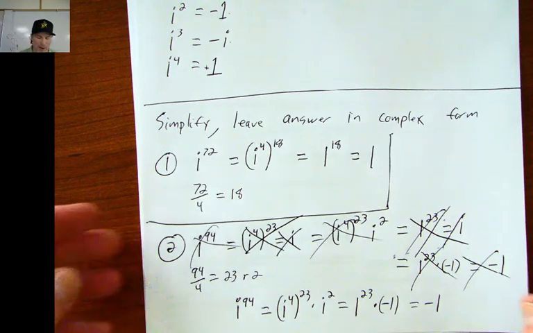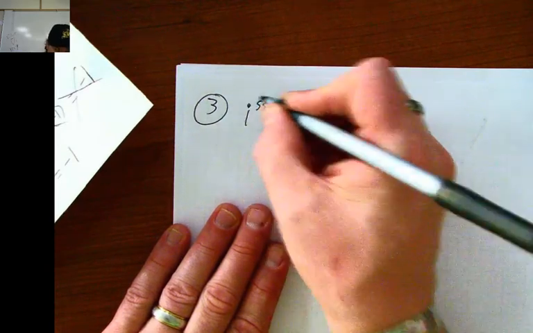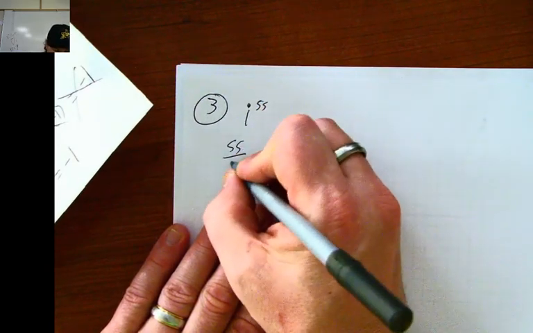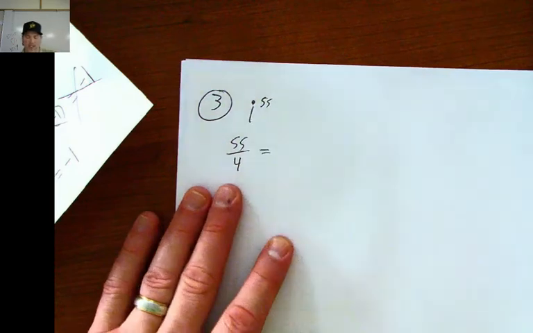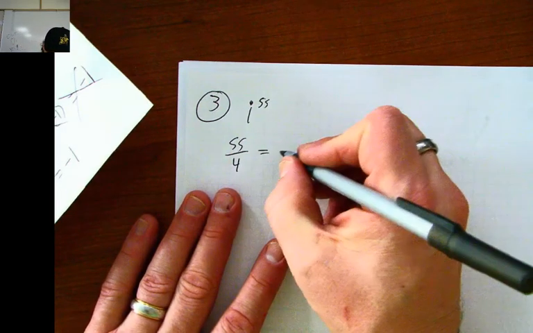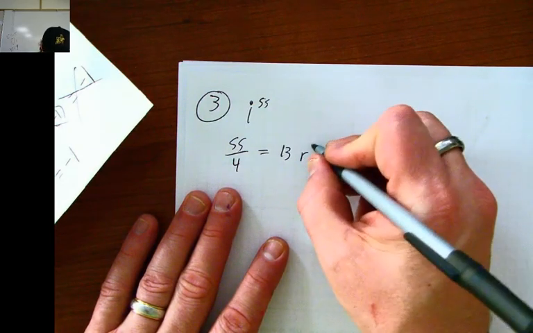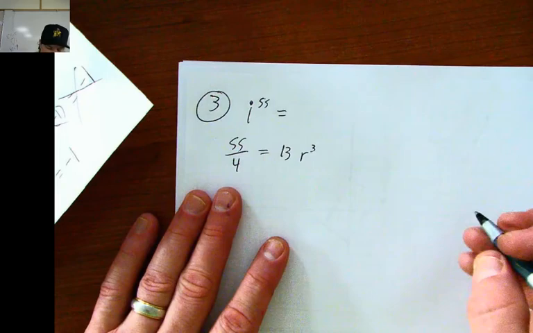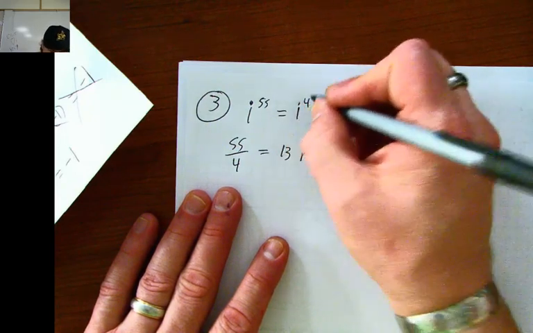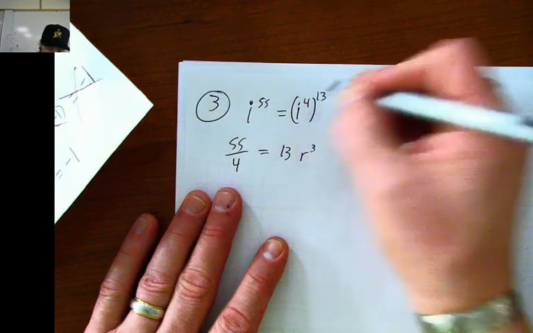Okay, that's i to the 94. Example 3, what about i to the 55? So let's see, 55 divided by 4. Let's see, 12 is 48. So 13 is 52. So it's 13 with a remainder of 3. So that means that of the i to the 4s, you can take 13 of those groups.